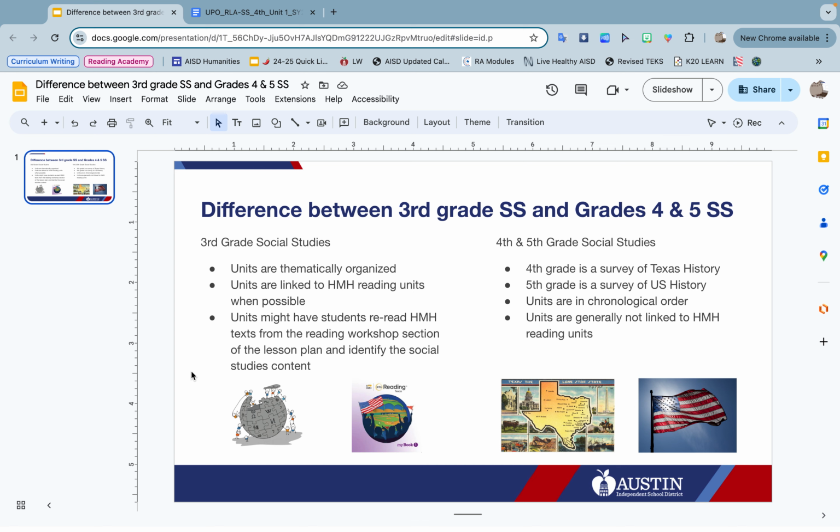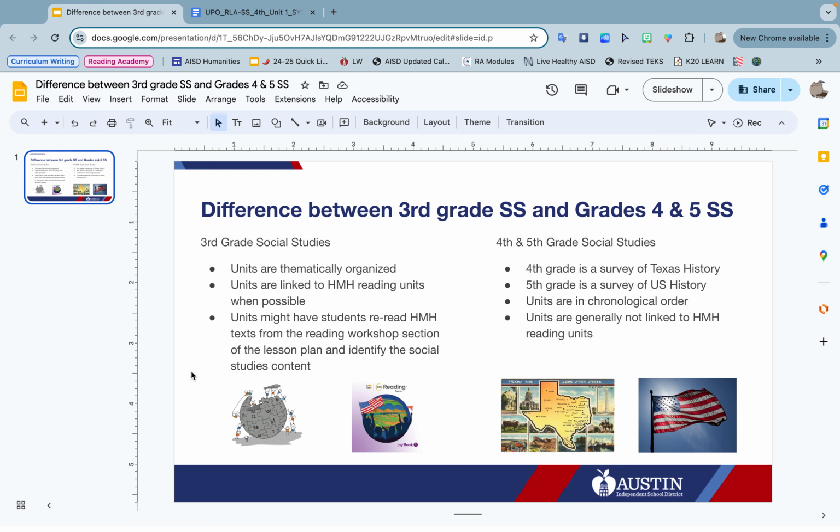language arts. 4th and 5th grade social studies are a little different because 4th grade is a survey of Texas history and 5th grade is a survey of U.S. history. The units are in chronological order and they are not generally linked to the HMH reading units. So you will not see as much overlap between the social studies and the reading language arts.